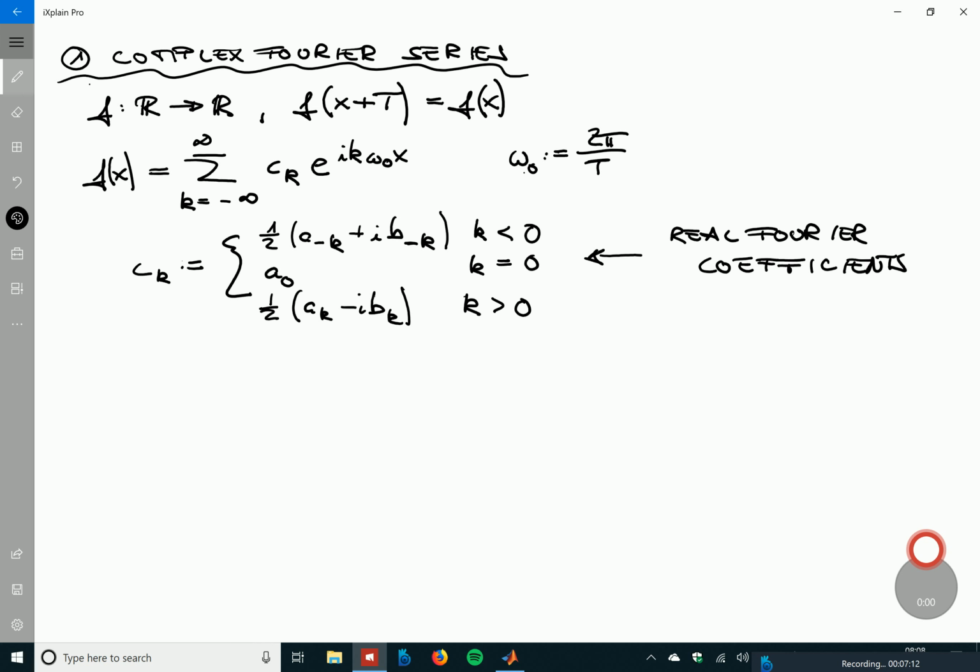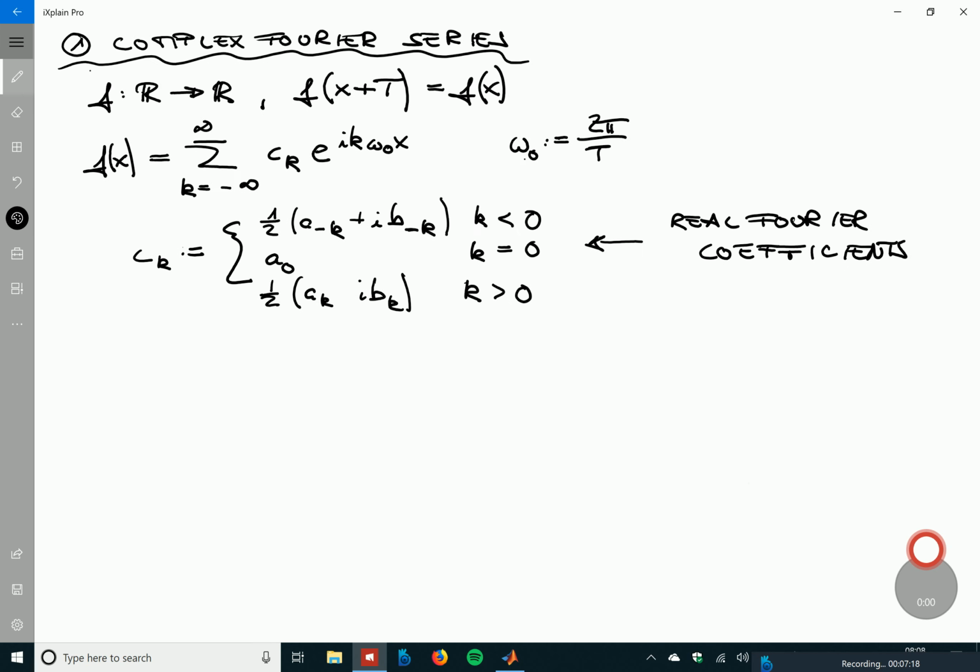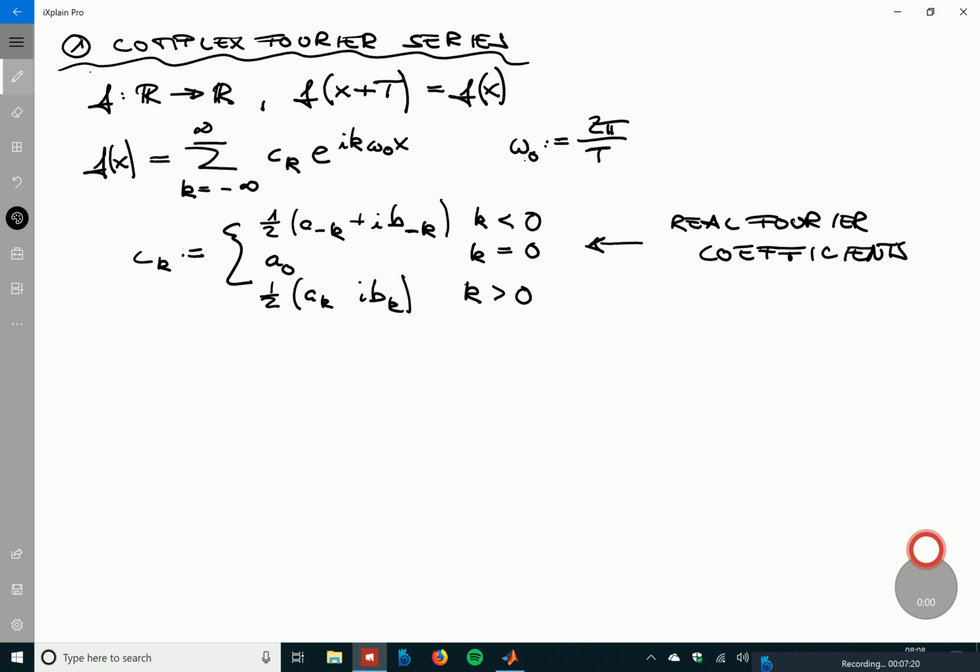There is, and this is what we will need for the Fourier transforms, also a direct way of evaluating the ck, the coefficients in the complex Fourier series representation.